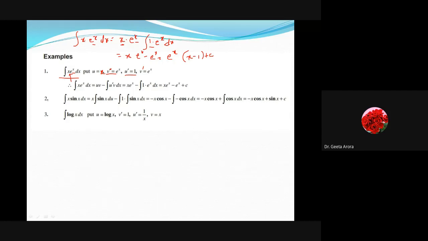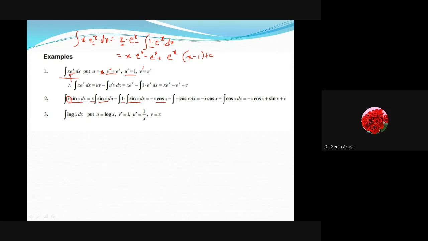Right? So let's see the next example, x into sin x dx. So here again we have first function x into integration of second. For sin x we can write down minus cos x for the integral: first function into integration of second, minus derivative of first, the derivative of x is 1, into integration of second, the integral of sin x is minus cos x, and its whole integral.